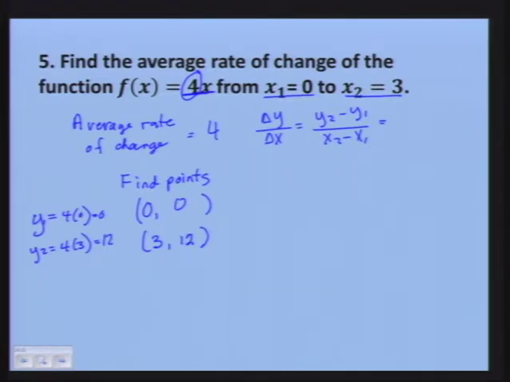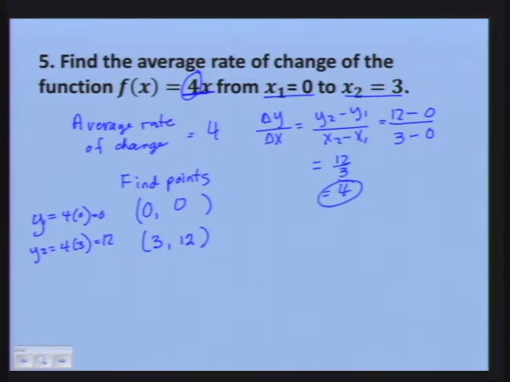Now I'm ready to plug in the slope. Y sub 2 is 12 minus y sub 1, which is 0, divided by x sub 2, which is 3, minus x sub 1. So I have 12 divided by 3, which is 4.